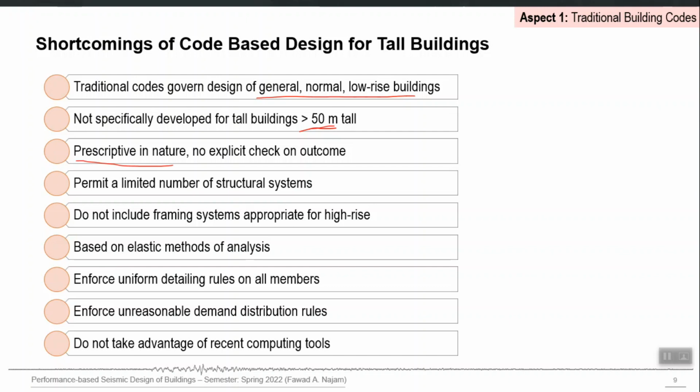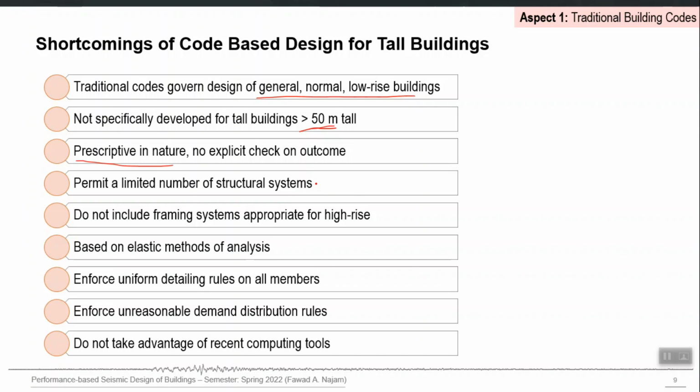But the traditional building codes are all cookbook type. You know, a cookbook tells you mix this thing, cook for this much, and the recipe is ready. Same is the language for building codes, right? They are cookbook type, prescriptive.